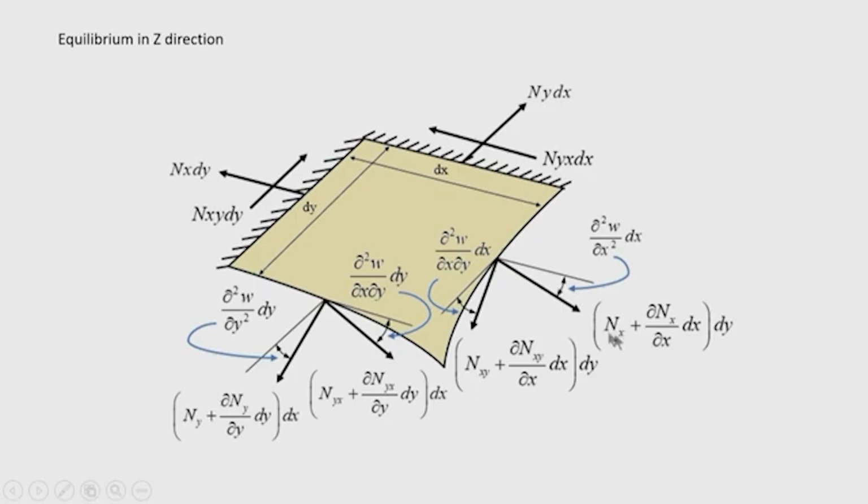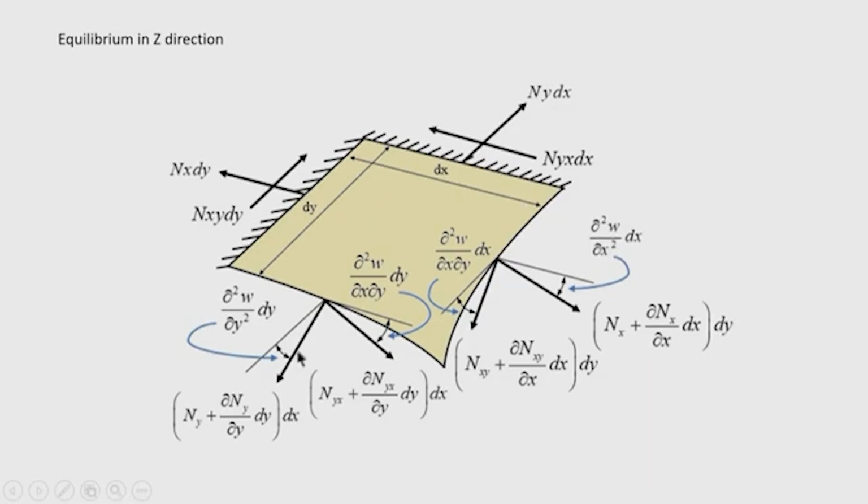P is this complete term, and theta is del square w by del x square into dx. Although I have not written it here, for convenience take this angle as theta, and for small deflection sin theta equals theta. So, the vertical component of this force is n x plus del n x by del x into dx into dy into del square w by del x square into dx.